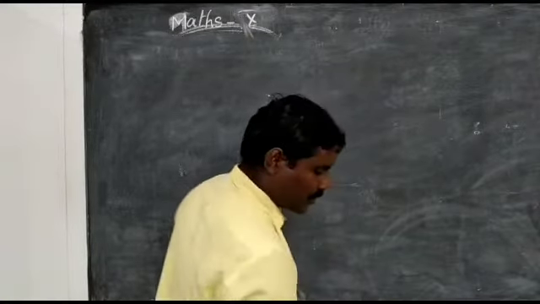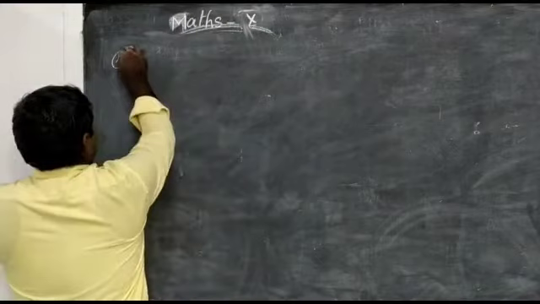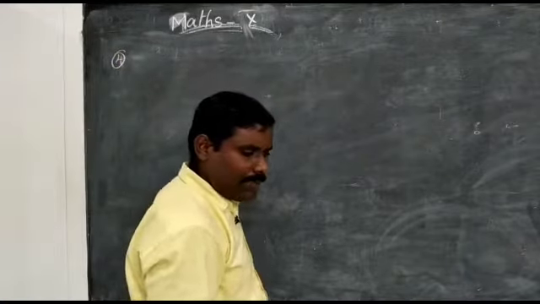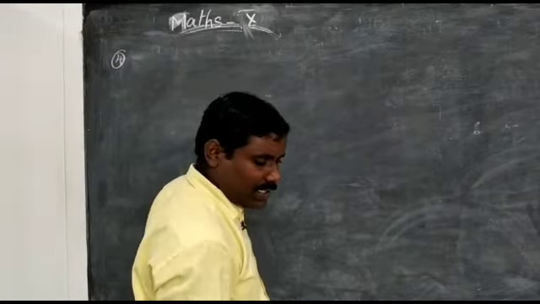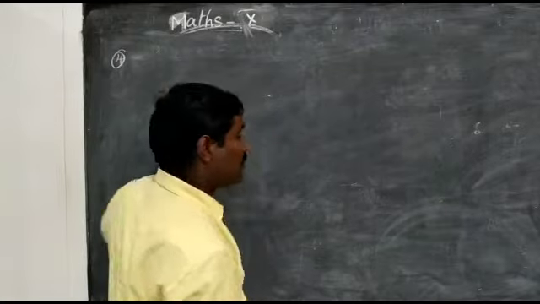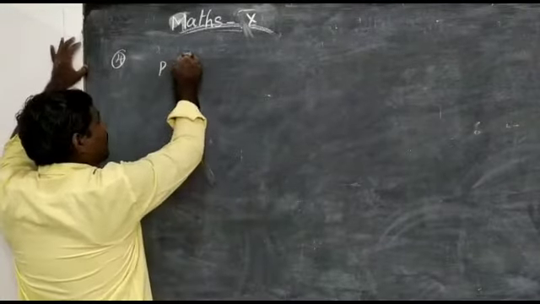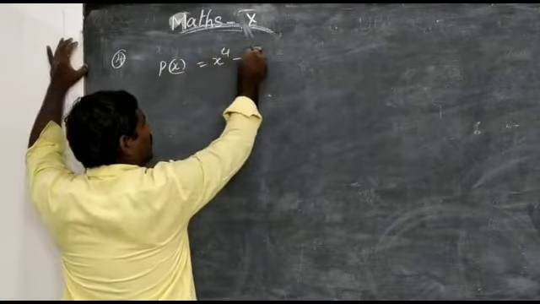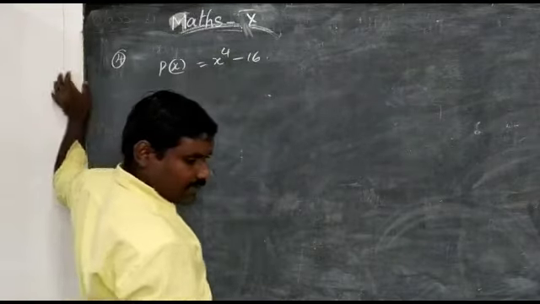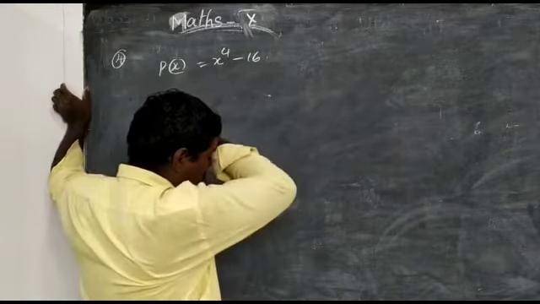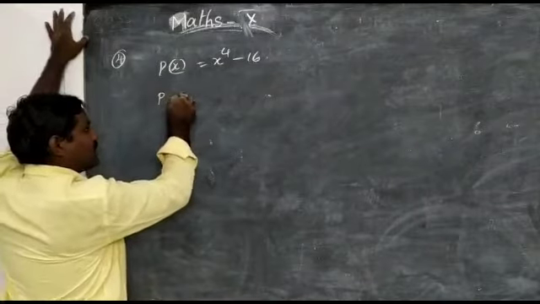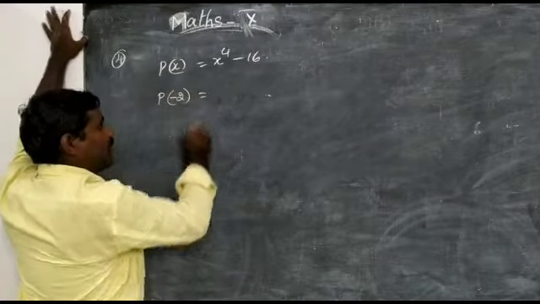Now we are going to the fourth problem. Check whether minus 2 and plus 2 are the zeros of the polynomial x power 4 minus 16. I will check like this. P of minus 2.